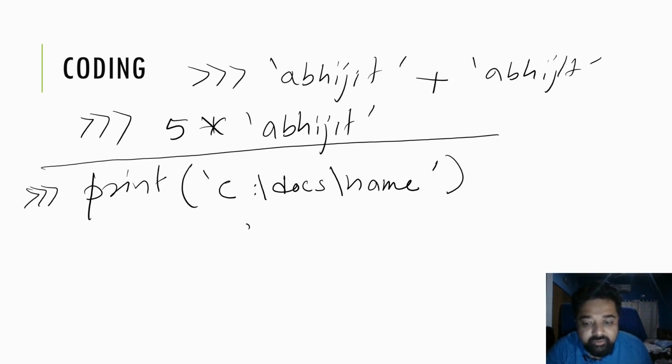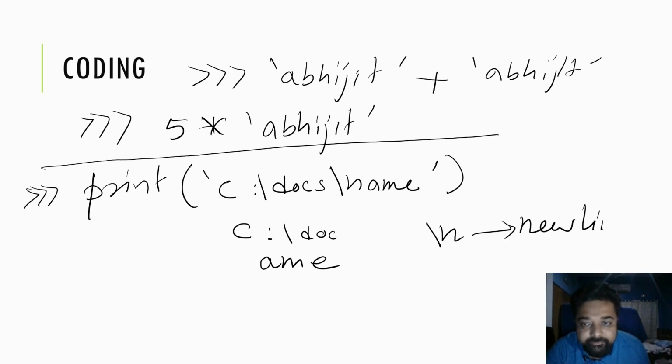It will give the output, then a new line, then AME. Why? Because it found the backslash n. Backslash n means new line. So this is again creating a problem.